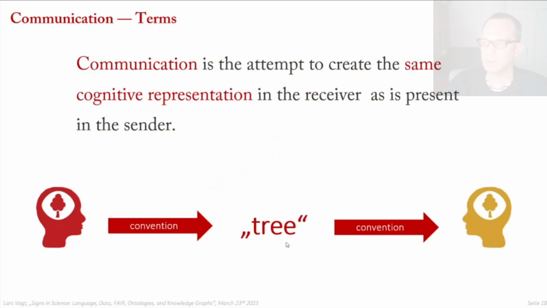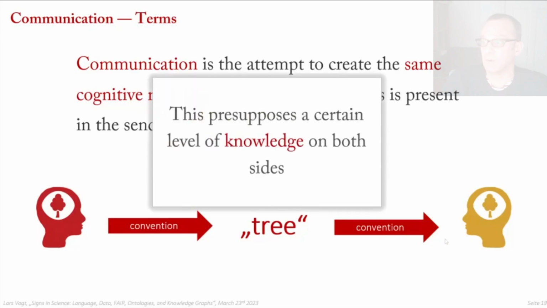And then we can use text or terms, textual representational artifacts to do the communication. So it's clear that this process presupposes a certain level of knowledge on both sides. Otherwise, it wouldn't work.